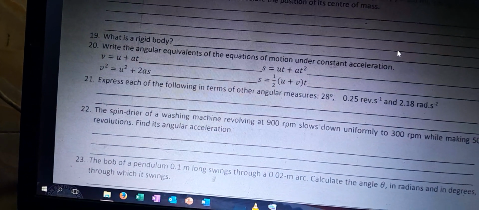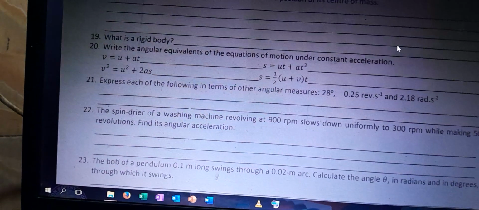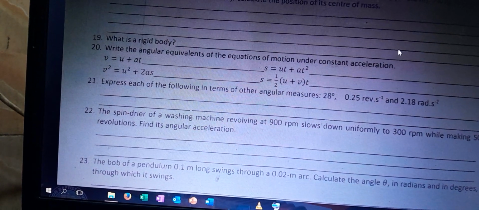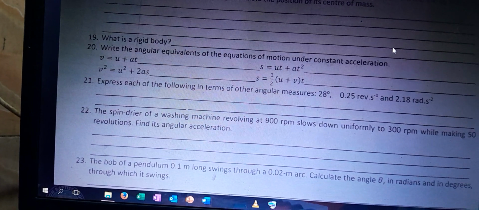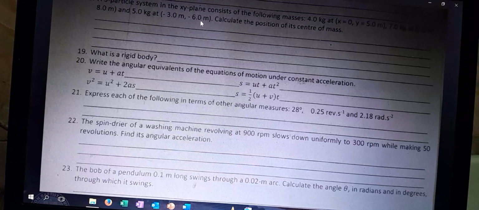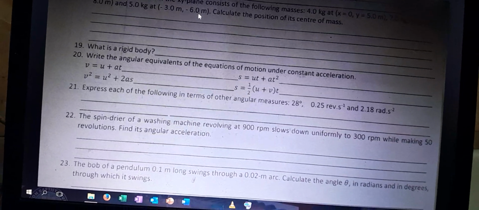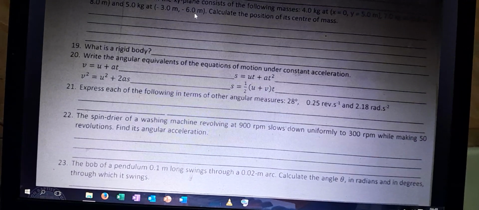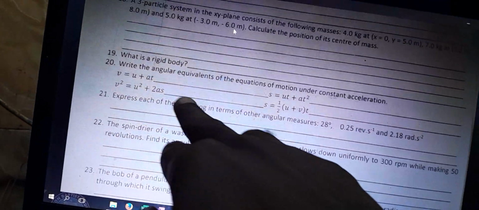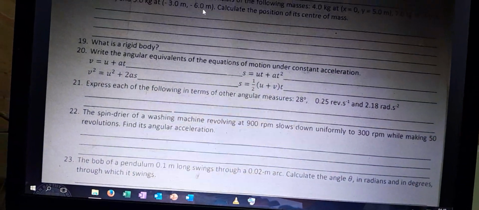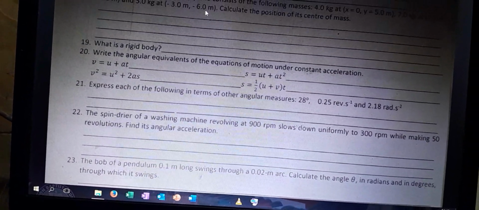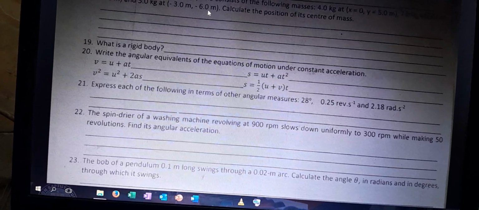Okay, question 20. Write the angular equivalent of the equation of motion under constant acceleration. So the first thing I'm going to do is show the relationship between horizontal motion and angular or circular motion.